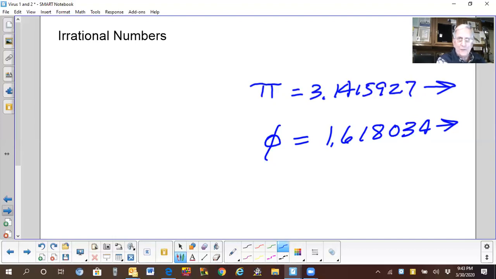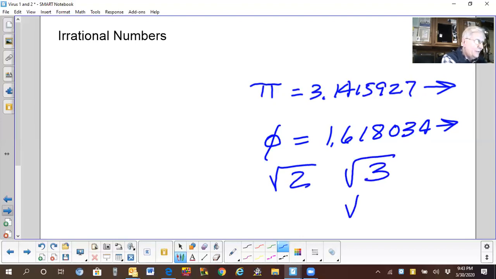Remember, irrational numbers mean not rational. Ir means not. Rational is a quotient of two integers, but an irrational number is one that doesn't have that characteristic. Okay? Your typical radicals that you're used to seeing, radical 2, radical 3, radical 11, the ones that, quote, don't come out even, are also examples of irrational numbers.